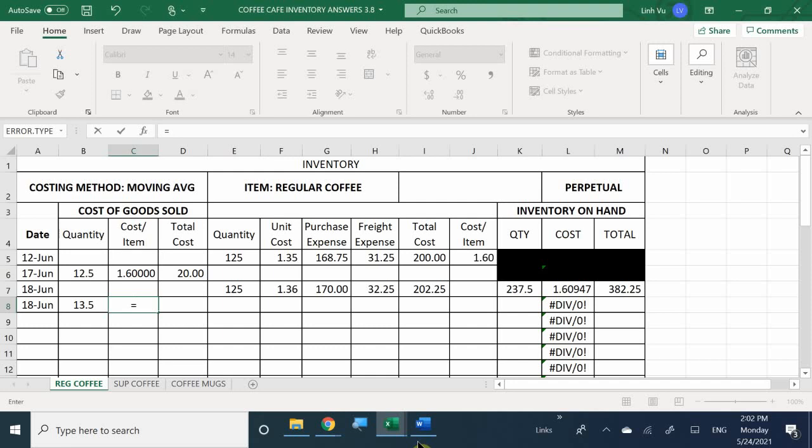So at what cost per item am I going to use? We are on regular coffee. You're going to use the 1.60947.